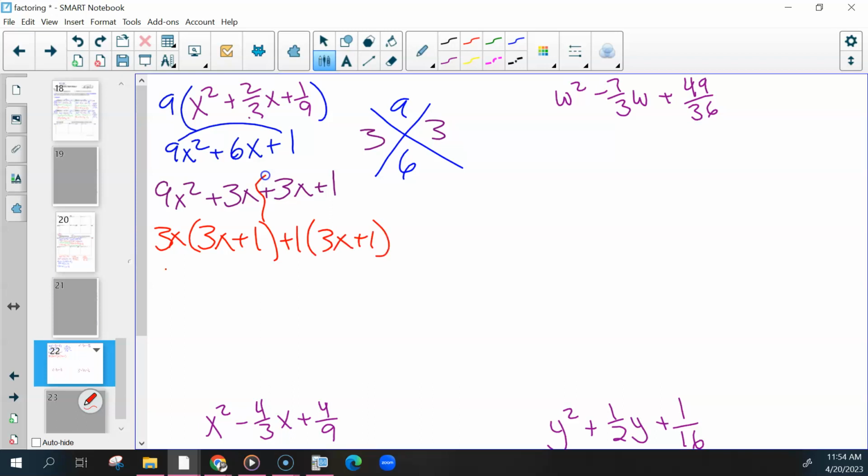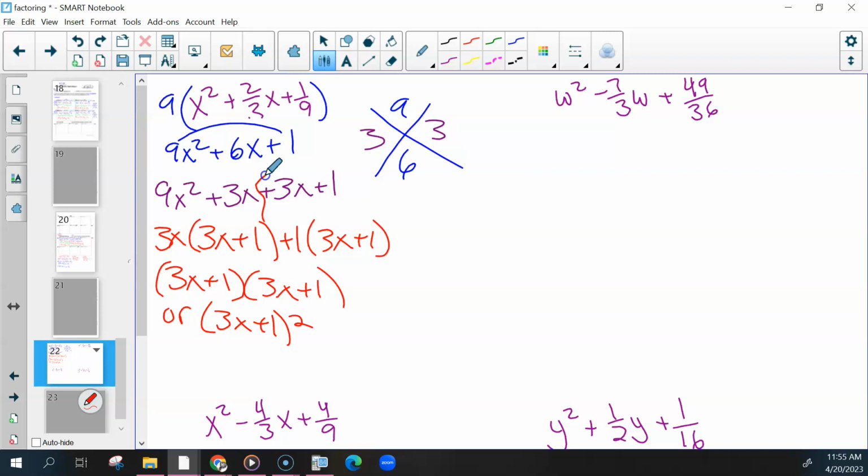So then our answers would be 3x plus 1 and 3x plus 1, or 3x plus 1 squared. And all of these are going to have the same type of answers where they repeat twice. What questions do we have on that process before I show you one other way?